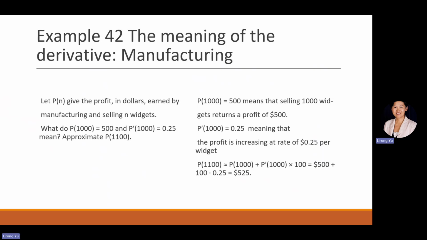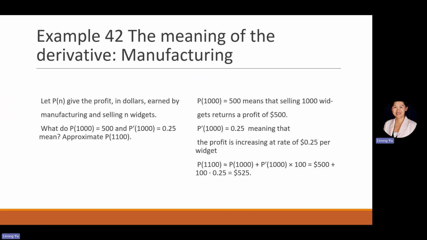That is the difference, the change of the x value. And then we multiply 100 by 0.25, which gives us 25. So we get 25 extra dollars. So the total profit will be the 500 originally plus the $25 extra. That gives an estimation of the possible profit if we are making 100 more products, so the higher profit is there.